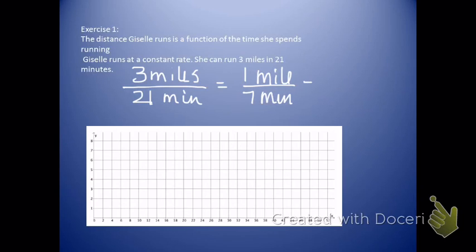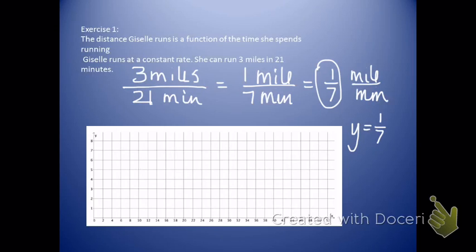And then I'd like to write that even more abbreviated, 1/7 of a mile per minute. Okay, she can go 1/7 of a mile every minute. So we could recognize this as a proportional relationship, and we can write the rule as that her distance is equal to her rate, which is 1/7 of a mile per minute, times the number of minutes that she runs.